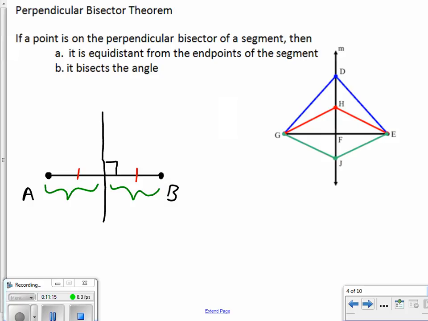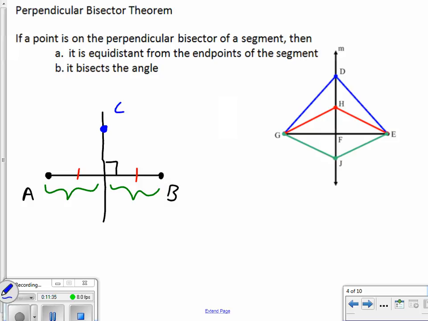Now the theorem says if a point is on that bisector, then it's equidistant from the endpoints. And it might be kind of confusing. What that means is if I have this spot right here, we'll call it C. Okay?